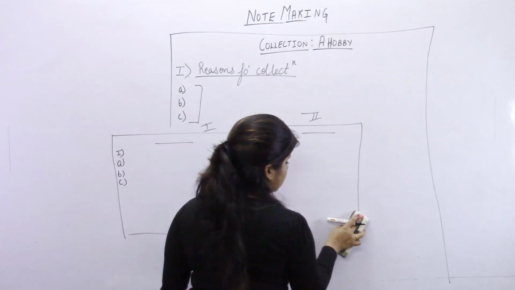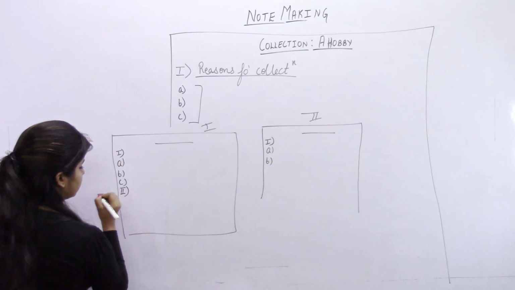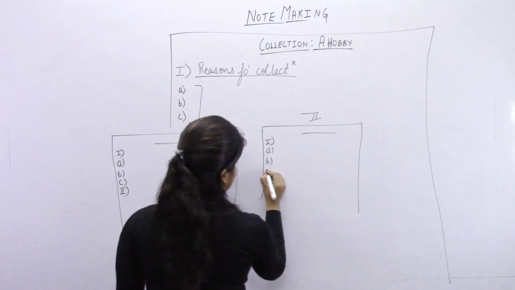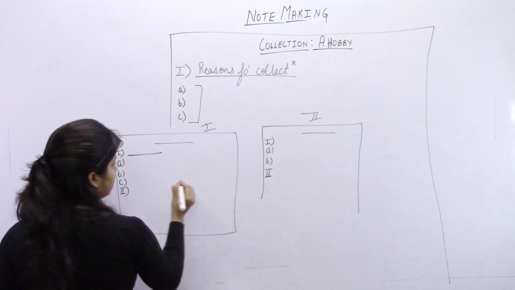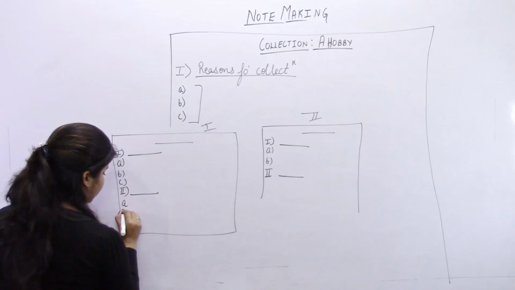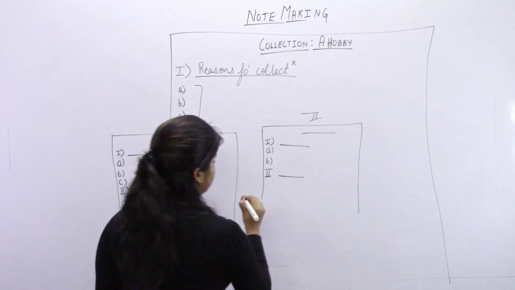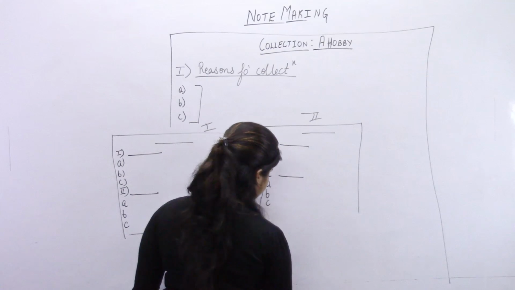For the next, again I write the main heading over here, that is second. Again I'll write the main heading over here, that is second. After this main heading, I'll be writing A, B and C over here, and A, B and C over here.